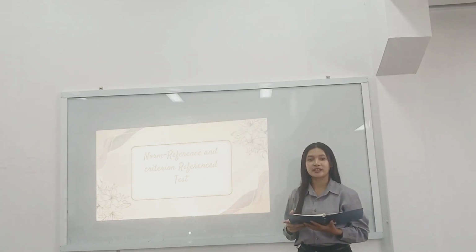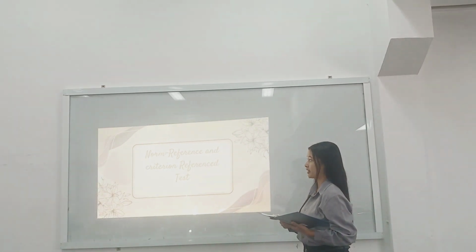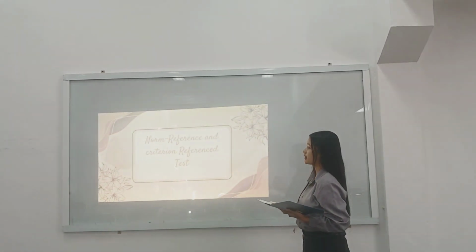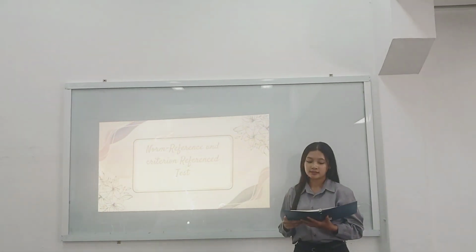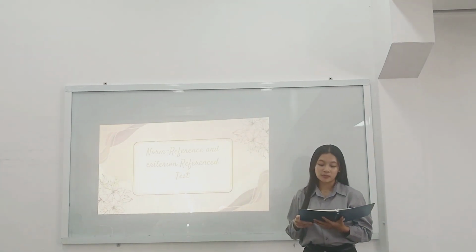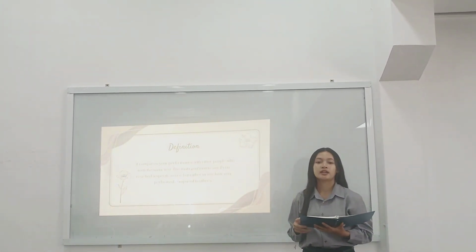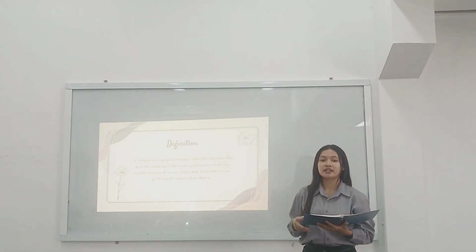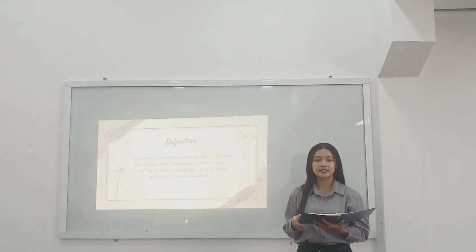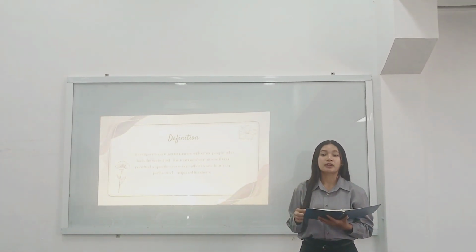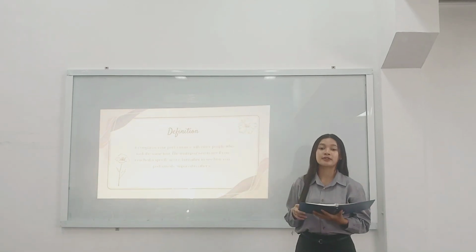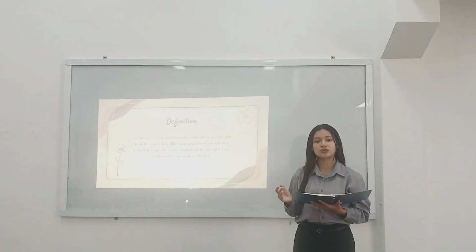Okay, now we go to the first topic: norm-reference and criterion-reference tests. Let's talk about norm-reference tests first. We start from the definition. Imagine you are in a running competition with 100 other people. After everyone finishes running, the organizer ranks all runners from fastest to slowest.